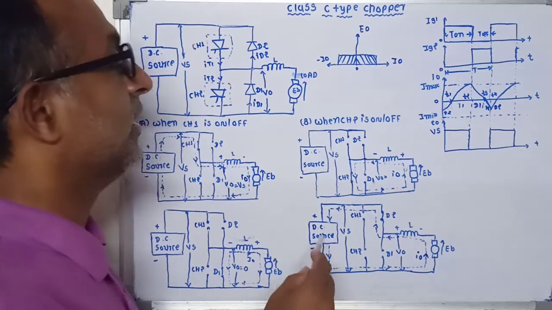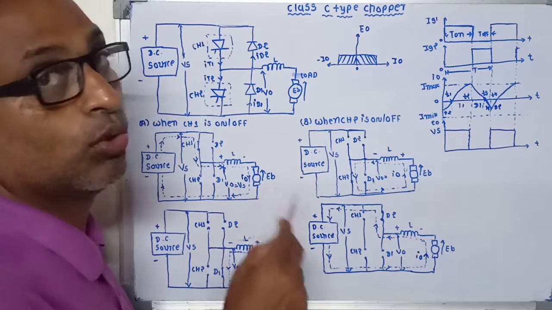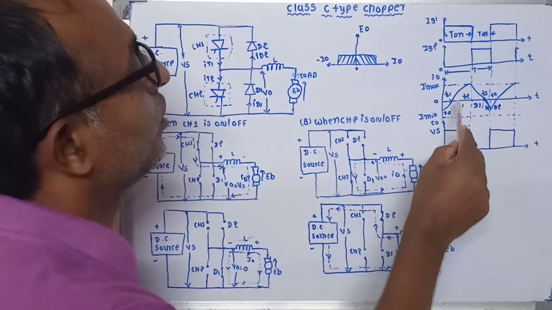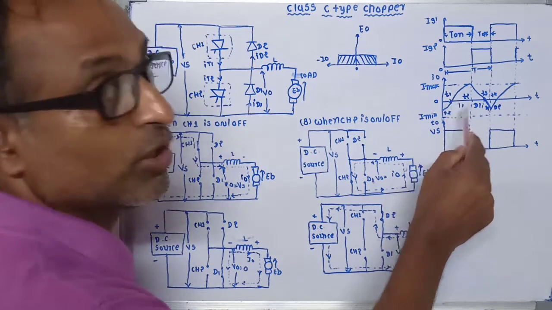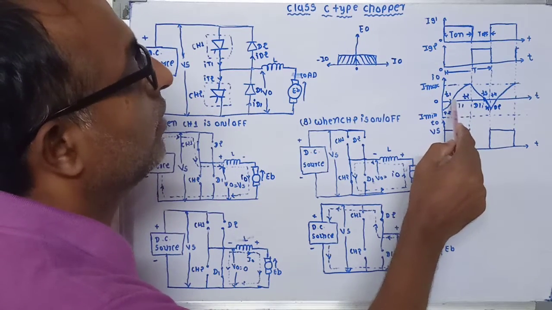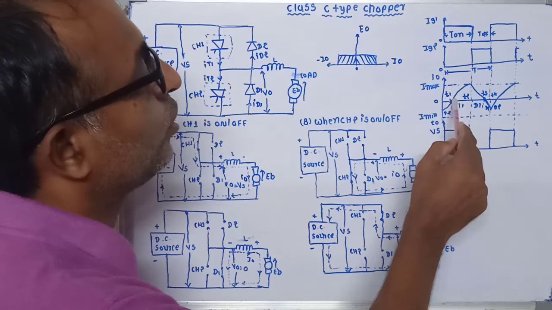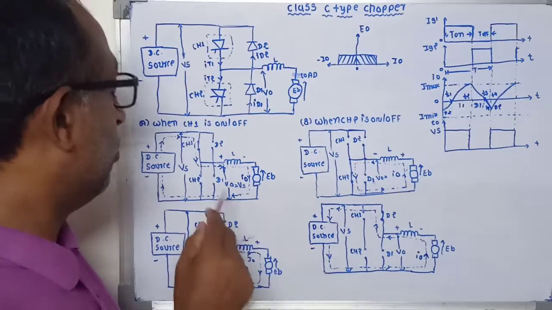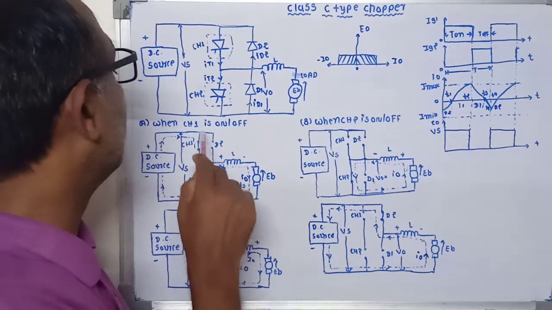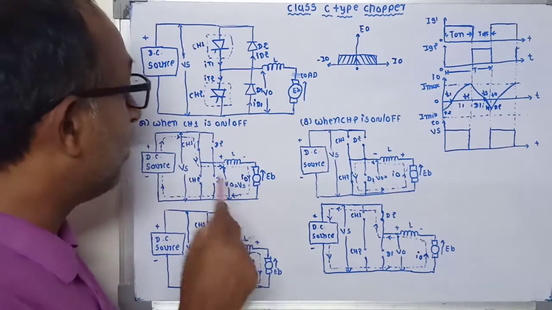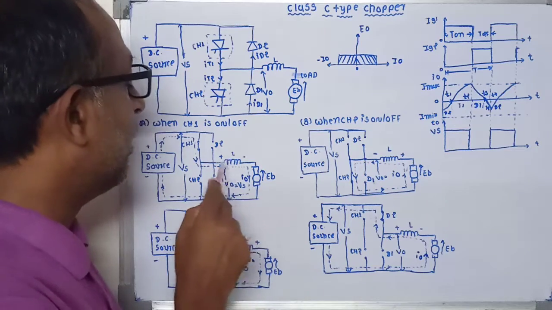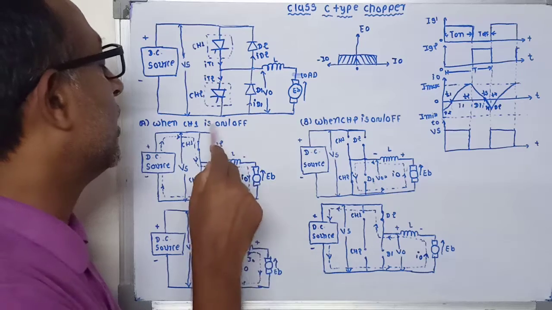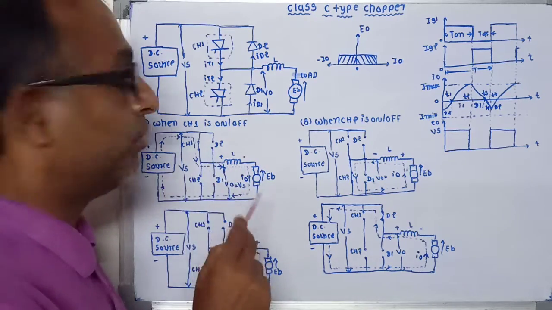Here your output voltage as well as load current are both positive. At that time your current is rising exponentially from 0 to I maximum value. Now when this chopper CH1 is off: when current passes through the inductor, some energy is stored during the T1 period of chopper 1.